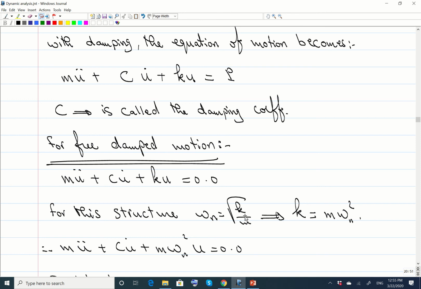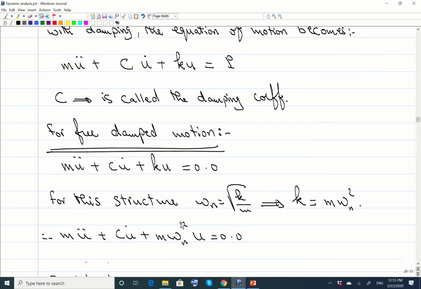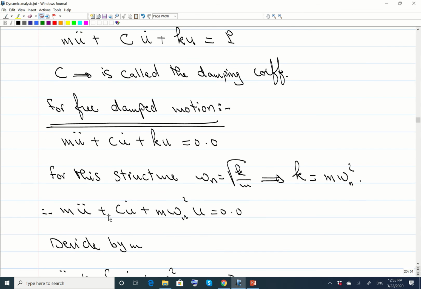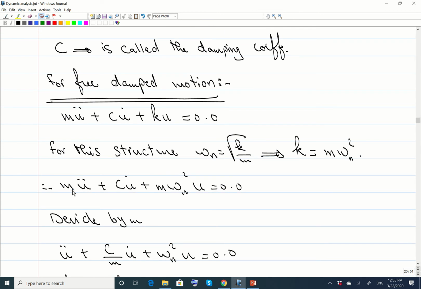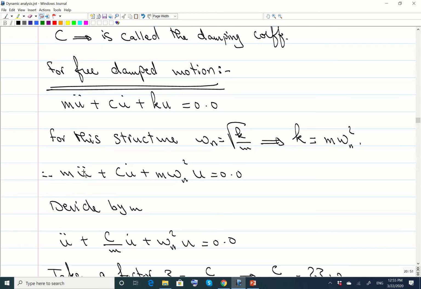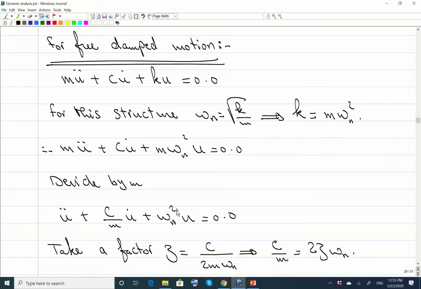Squaring both sides, we can say that k is equal to omega n squared multiplied by m. So I will remove k and put m omega n squared. So we have m u double dot plus c u dot plus m omega n squared u equal to 0. I will divide the entire equation by the mass, so this becomes u double dot plus c over m u dot plus omega n squared u.